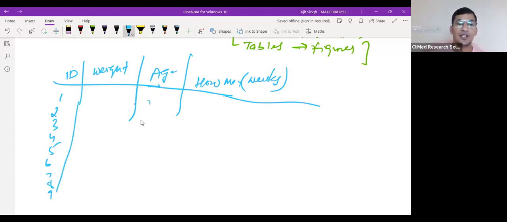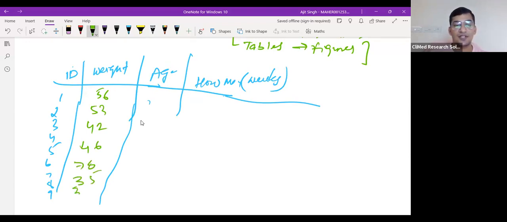And if we check their weights, suppose someone has 56, someone 53, someone 42, someone 46, someone 78, someone 35, someone again 58. Age: 18, 23, 29, 36, 24, 18, 19, 23.